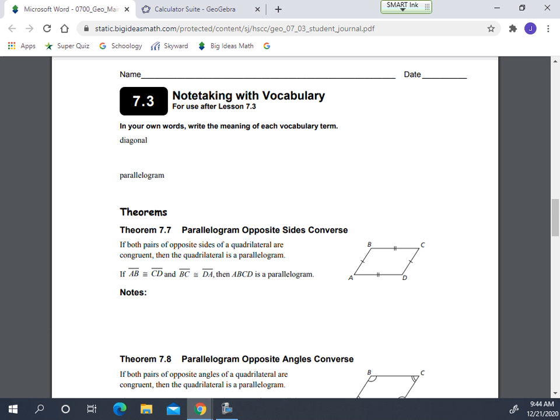In your own words, you can write this: a diagonal. Okay? Diagonal. A diagonal goes from one vertex to a non-adjacent vertex.